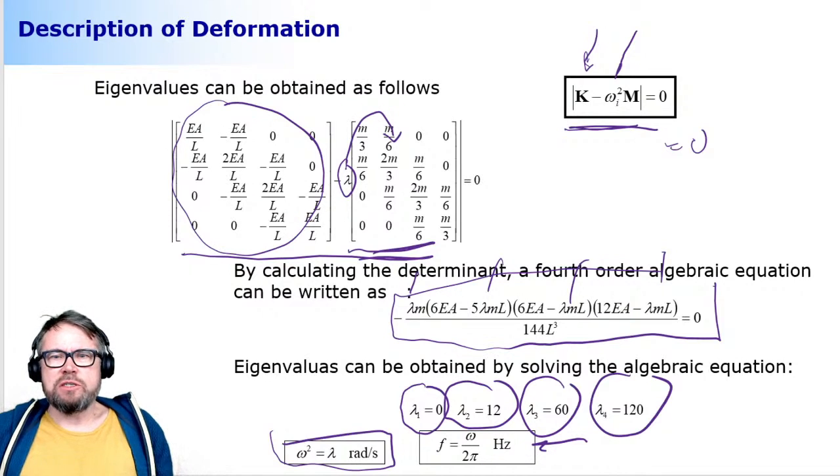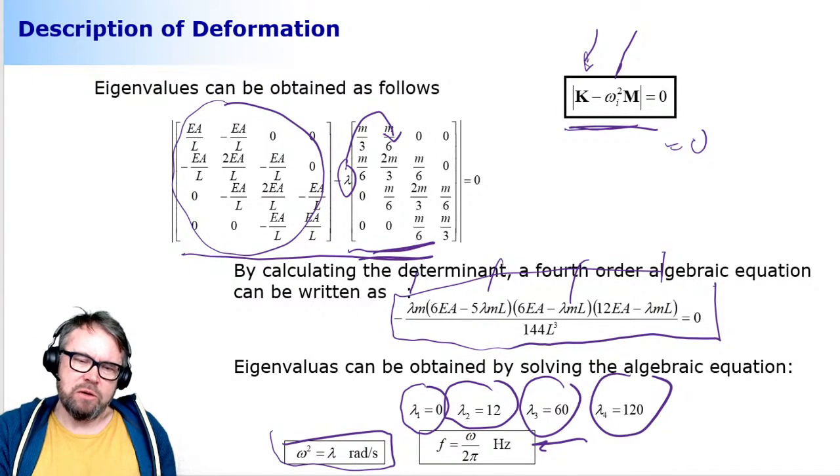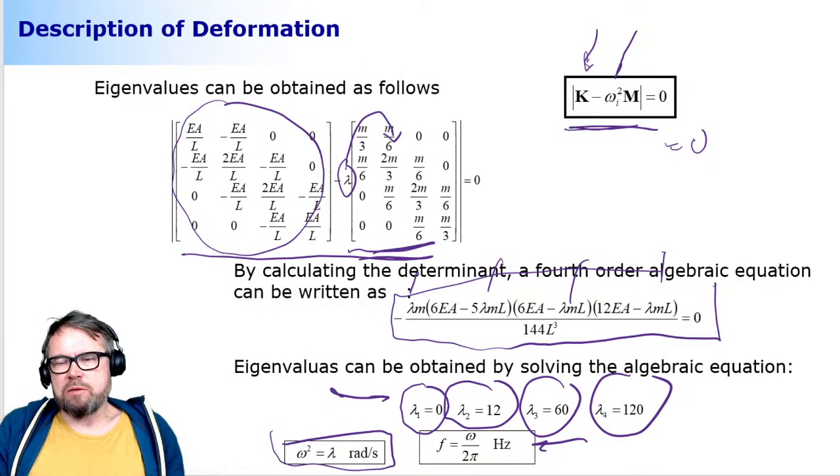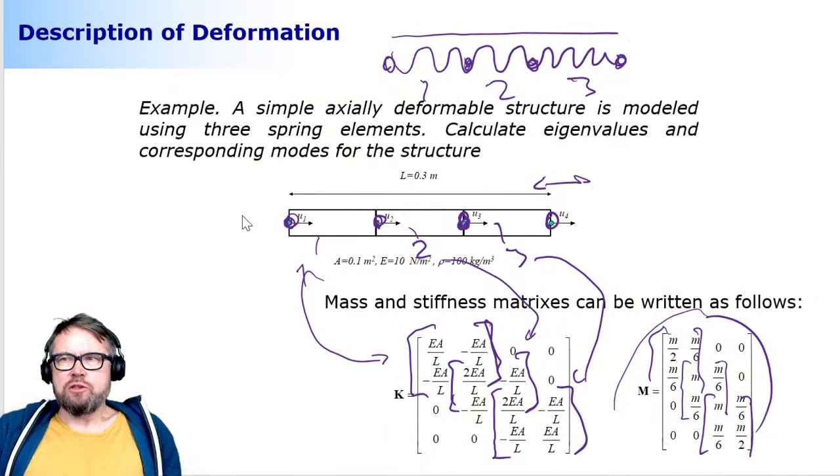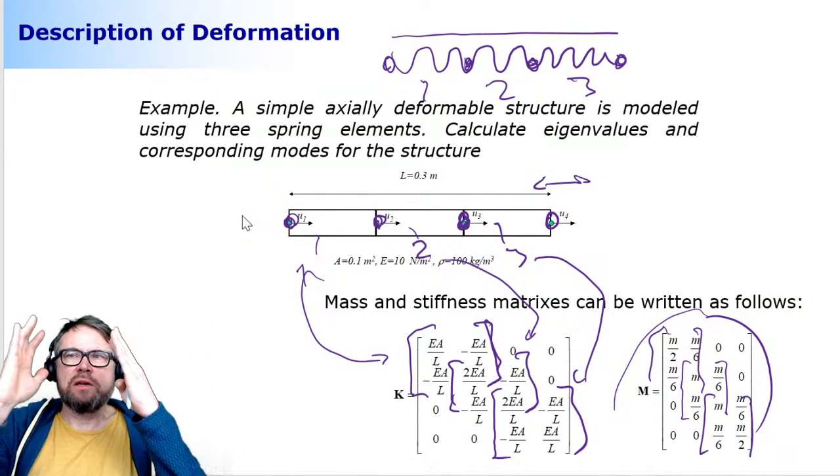What is the first number standing for? Lambda equal to 0, natural frequency equal to 0. That is rigid body motion. Because remember, in the structure we have no boundary condition here. We're just sending this structure into space, and we're looking at how it behaves.